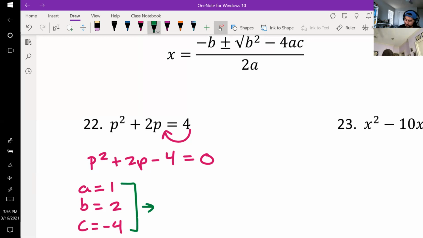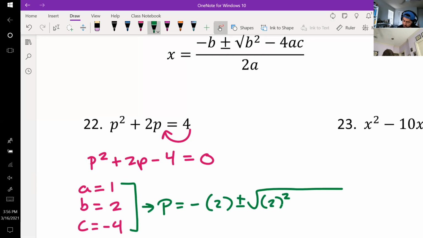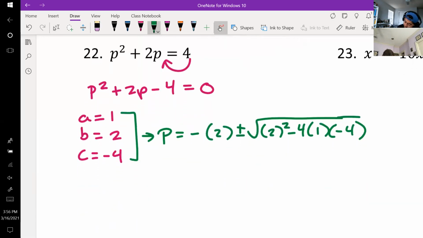And since our variable is P, I'll say P equals negative B plus or minus the square root of B squared minus 4 times A times C, all over 2 times A. Okay, we have everything plugged in, and now we simplify.